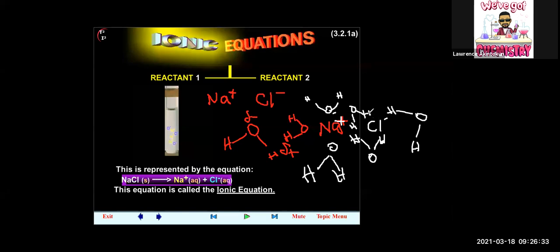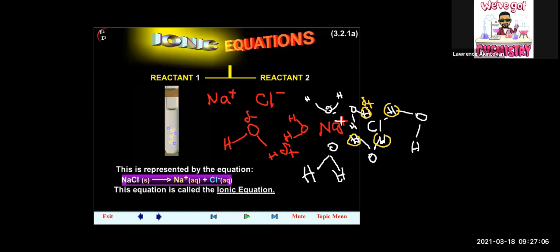You can see that for chloride ion, the hydrogen, which is partially positive, is the one that is closer to the chloride ion, just like you have it here as well. So this is the orientation of how the salt dissolves in water. The sodium ion is being pulled away by water molecules, just like this.